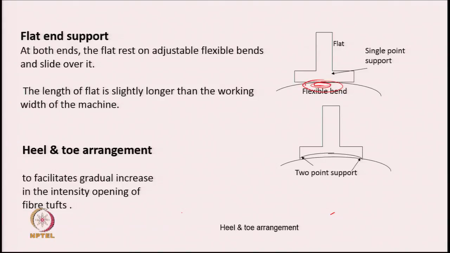over a narrow zone or almost at a single point, whereas in the other case what you see here, it is a 2 point support, that is there is a support here and there is a support there.